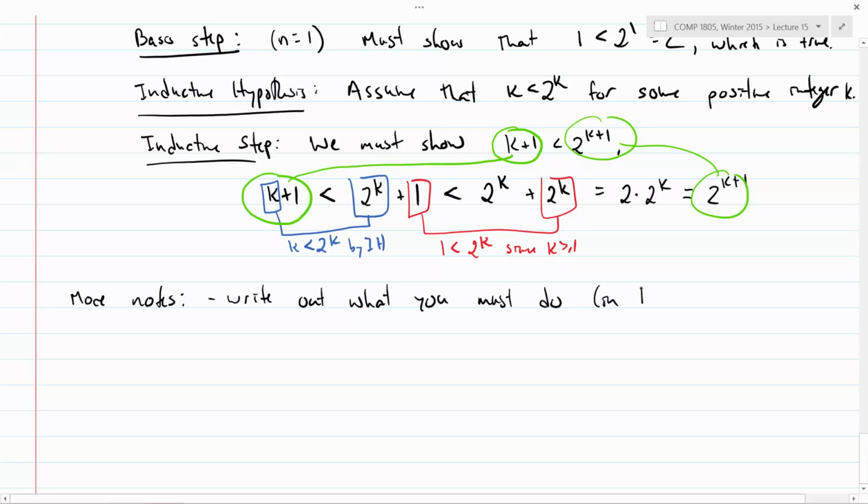And that usually comes up in the basis step and the inductive step. So always, always write it down. It helps you, it helps the TAs, it helps everyone. Just write it down. In the inductive step, you have to prove that pk plus 1 is true.